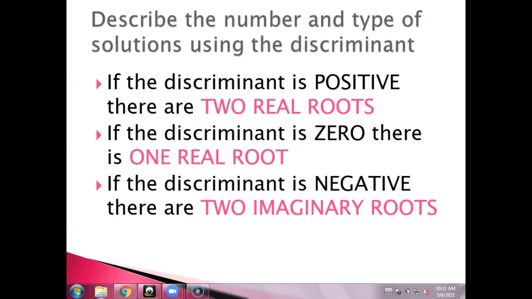Sorry, I meant to say 0. If the discriminant is negative, then there are two imaginary roots involving an i.